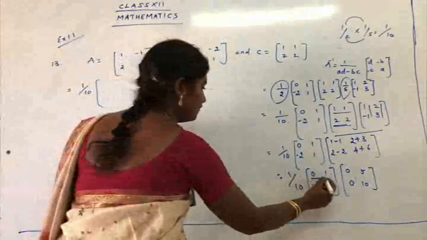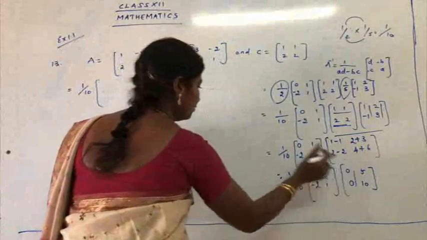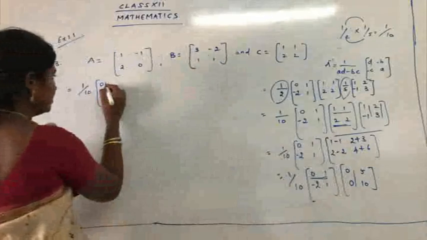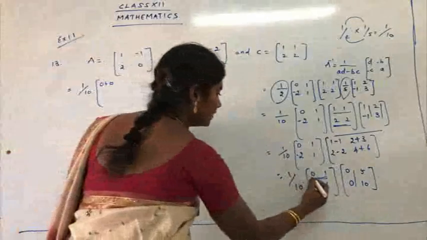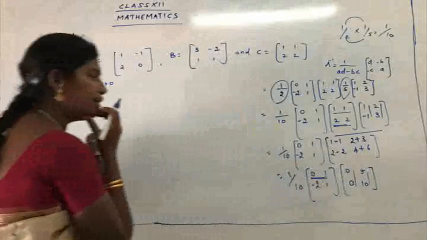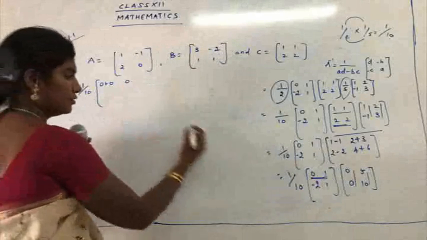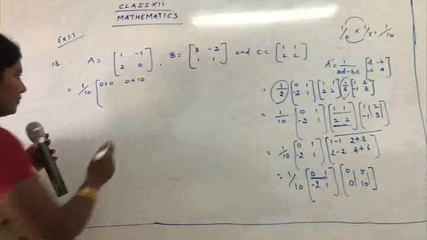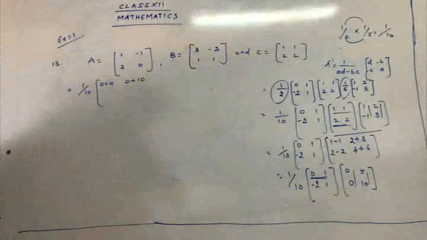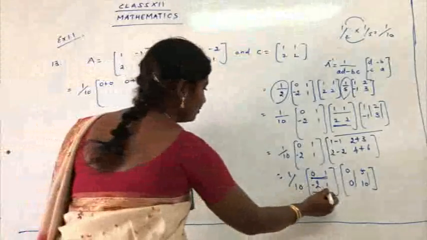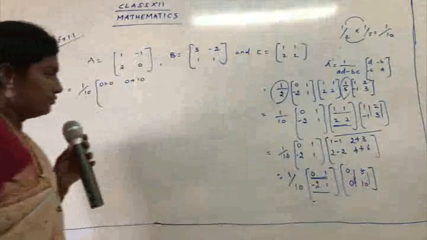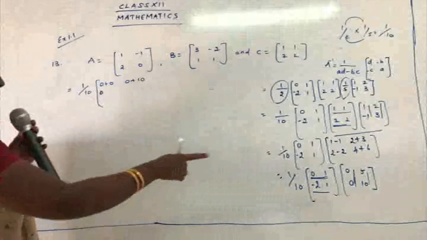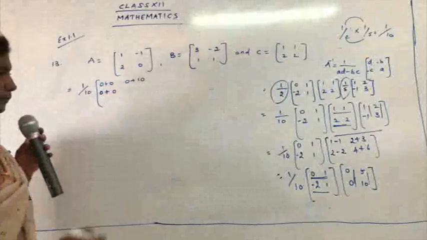First row, first column: 0 into 0, 0, 1 into 0, again 0, done. First row, second column: 0 into 5, 0, 1 into 10, that's 10. Next, second row and first column: minus 2 into 0 is 0, 1 into 0 is 0.